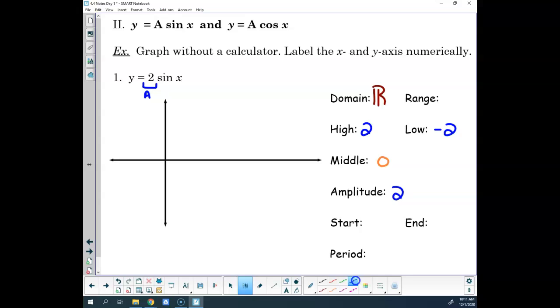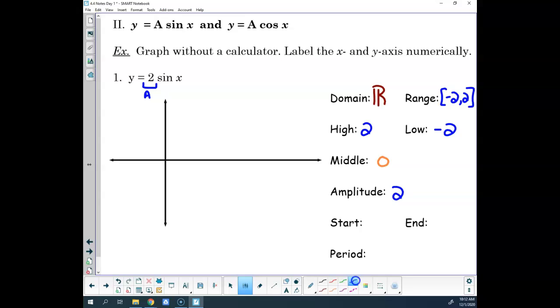That tells me that my range then is -2 to +2. Okay. So I get all of that out of my amplitude.